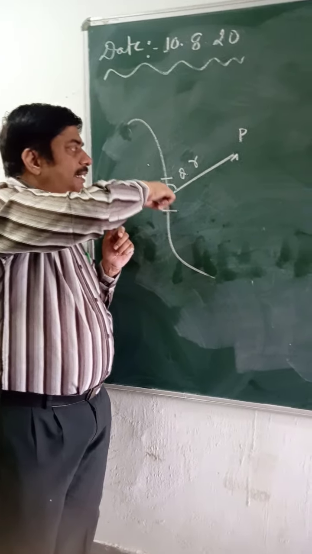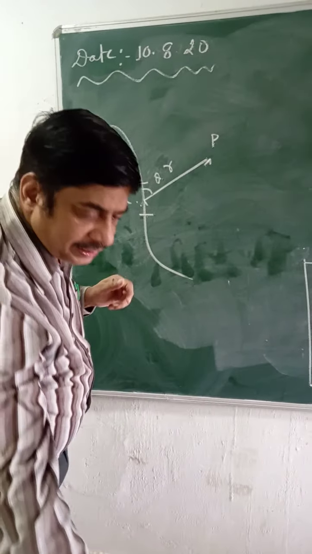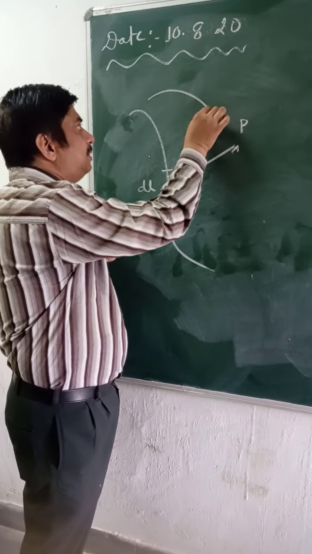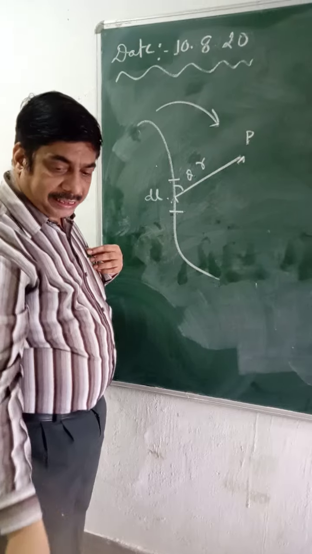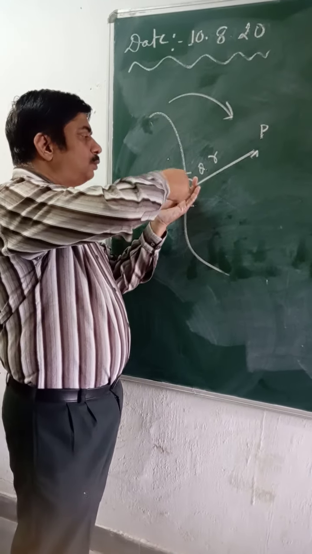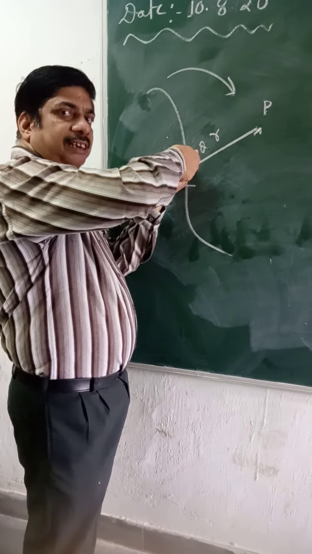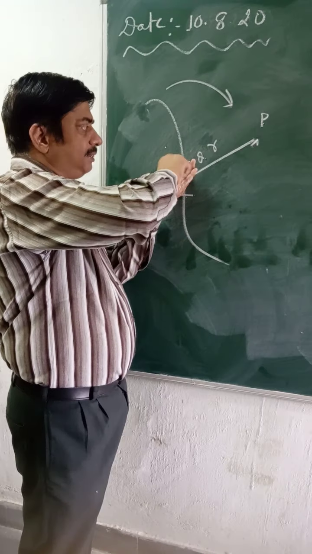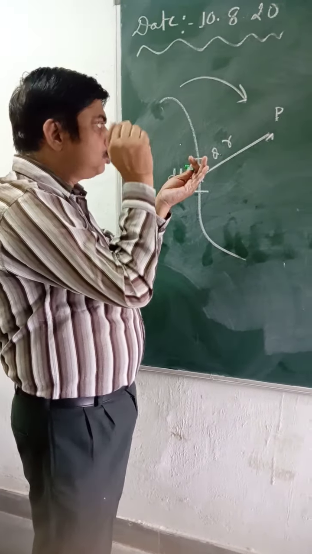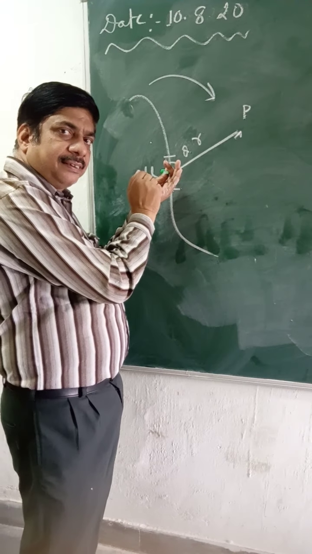This is dl and this is r, so the direction of rotation is dl to r. Now let me rotate the screw here. Is it in the direction of dl to r? Yes, it is. So where does the screw go? The screw goes inside the blackboard, inside the plane.